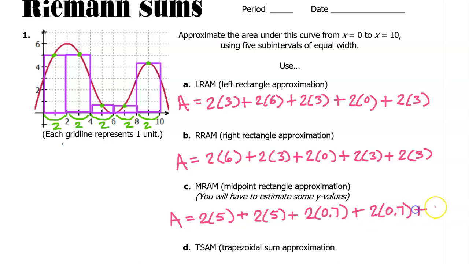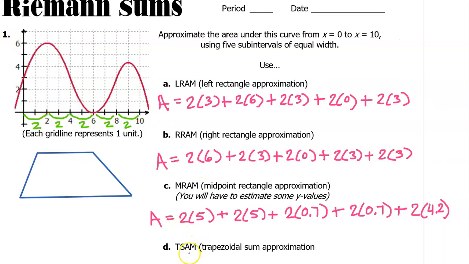And then the last one, let's see, well, the height seems to be about maybe 4.3, 4.2. I'm going to call it 4.2. So I'll go 2 times 4.2. So this is going to be a pretty decent approximation for the area under the curve using these 5 rectangles. That's how you do MRAM.